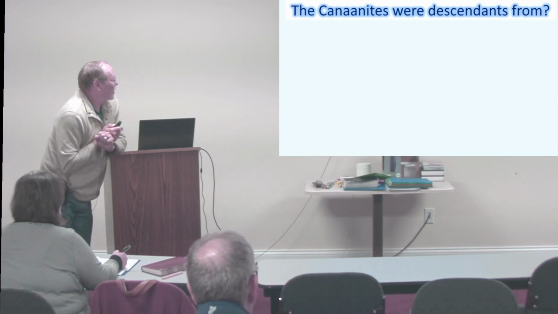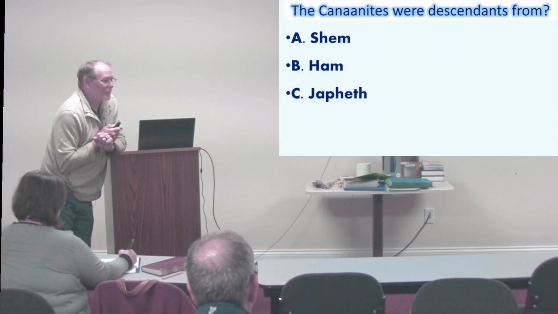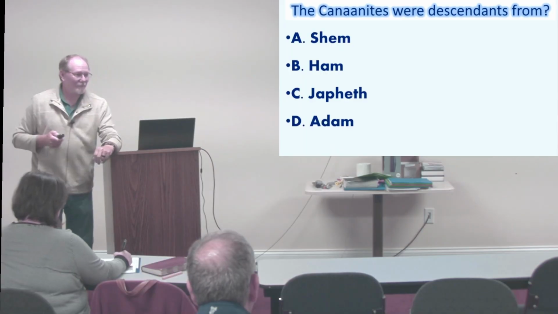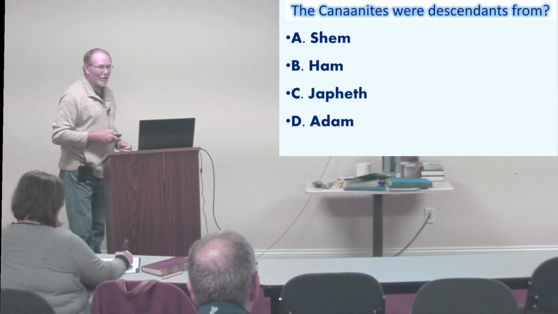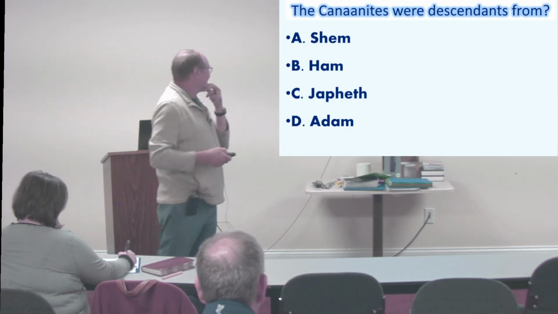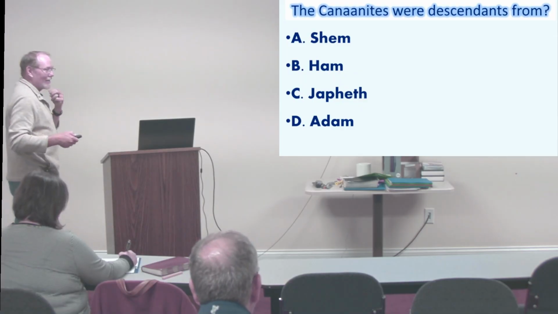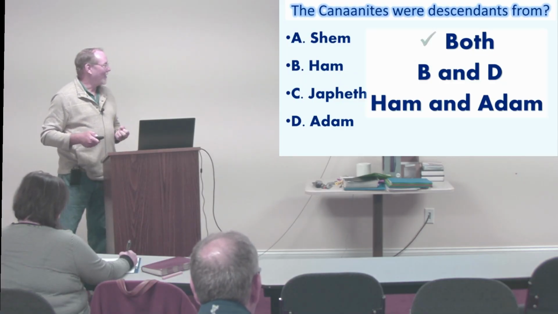The Canaanites were descendants from who? At least D. D is correct. Also B. Okay, I have a B, and I have a D, and those are correct.